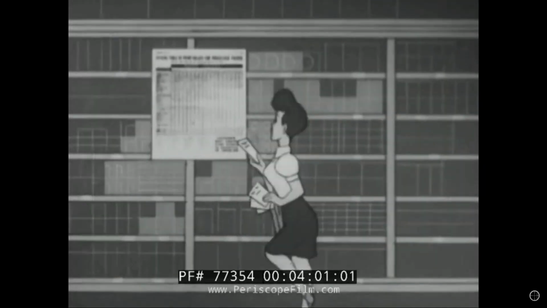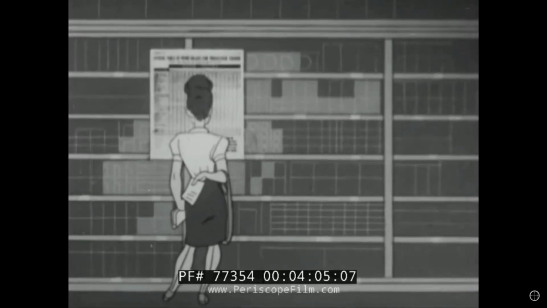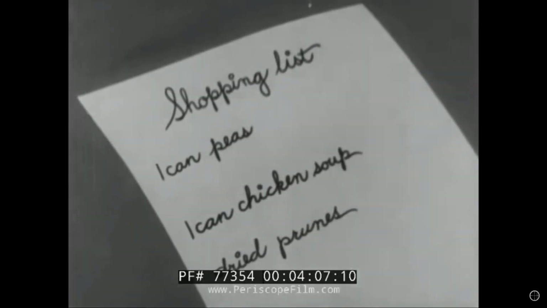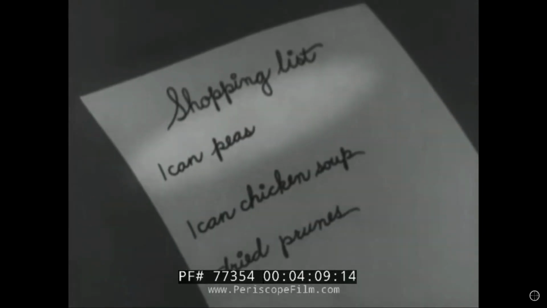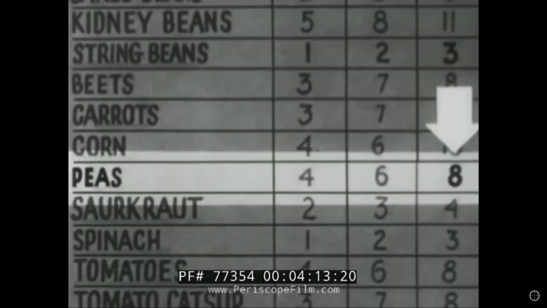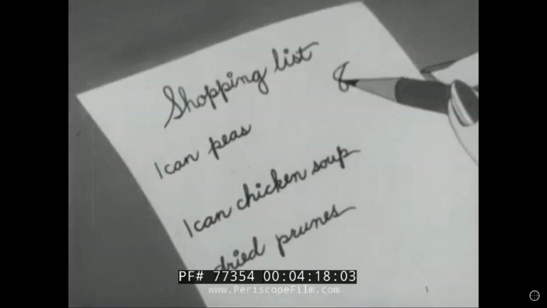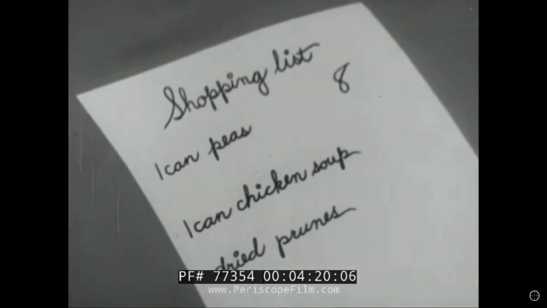Here's an example of how point rationing works. This lady, all decked out with her family's brand new ration books, starts out to do some shopping. First of all, she wants to buy a can of peas. She wants to buy a can of chicken soup.